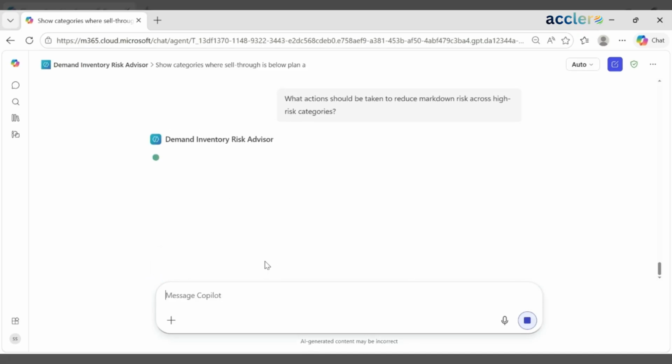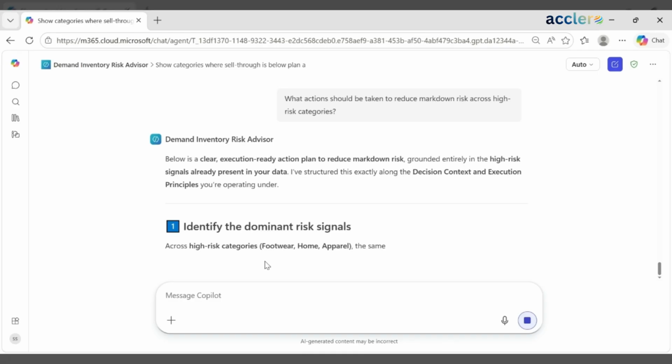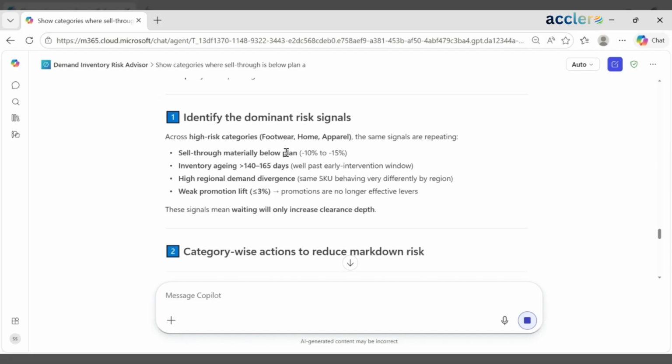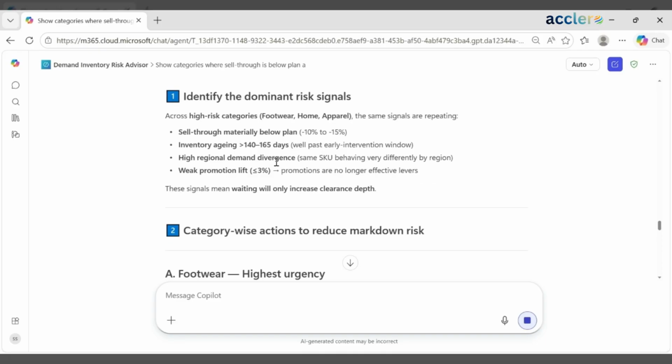Here I ask the agent what actions should be taken to reduce the markdown risk across the high risk categories. So here the agent moves from the insights to execution. It identifies the categories with the high risk signals: footwear, home, and apparel.